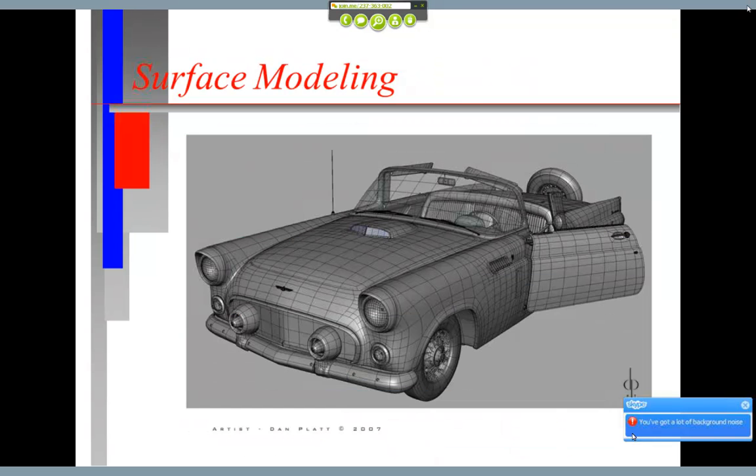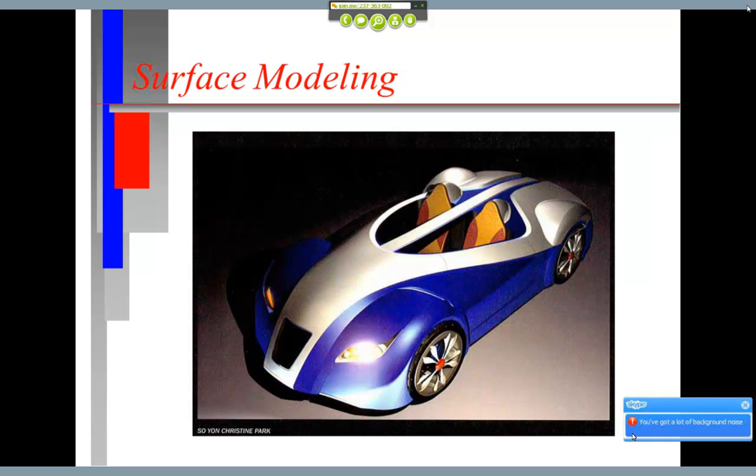This is another surface model that was built. These last ones are more what we're looking for in your car design. Notice there are not the little bitty features that we saw in the truck or the car. Let General Motors and Ford and those companies take care of the real fine detail.